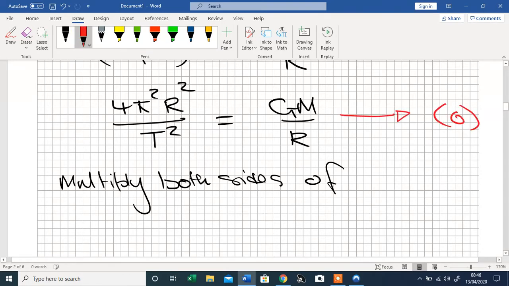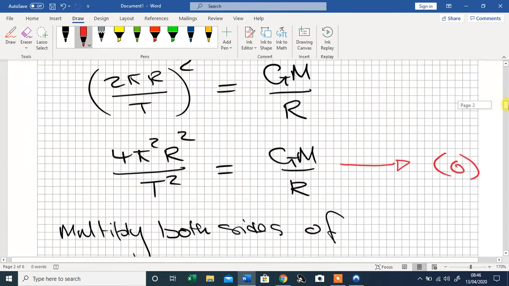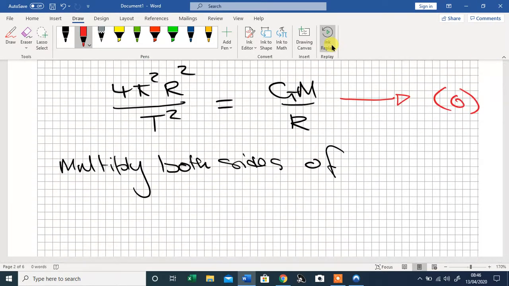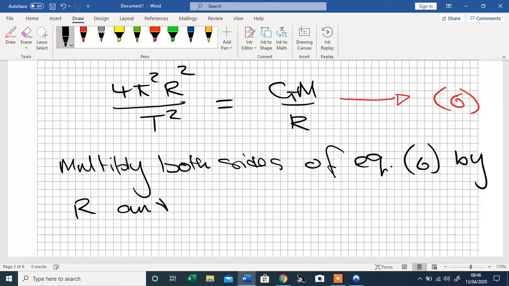I think that's going to be equation 6, yeah. Multiply both sides of equation 6 by r and t squared.